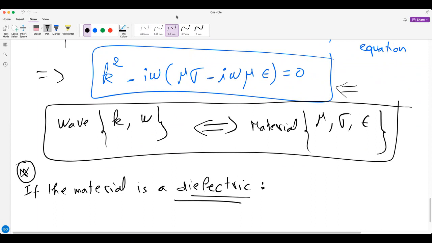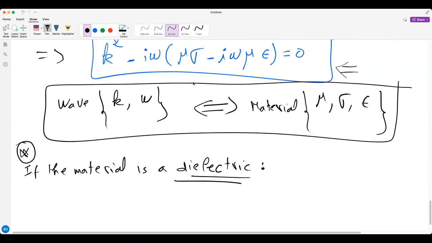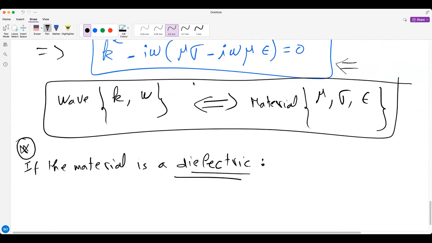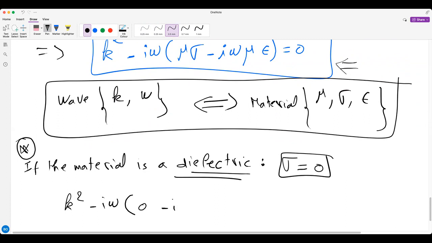A pure dielectric means zero conductivity. If the conductivity is zero, this equation becomes k squared minus i omega, with sigma zero here, minus i omega mu epsilon equal to zero.